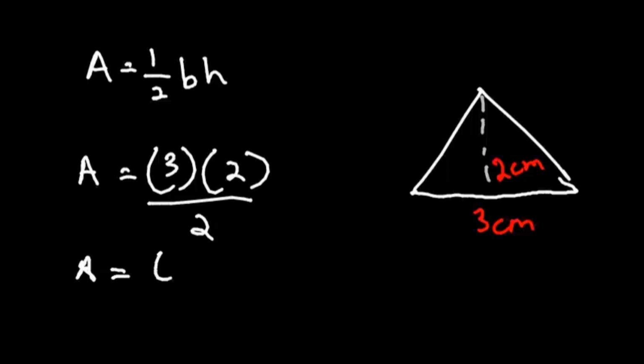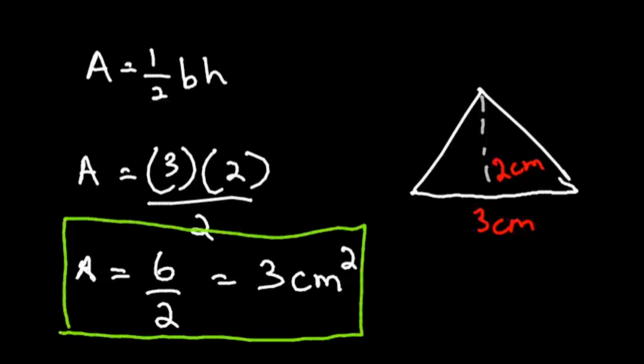So area equals 6 over 2, which is the same thing as 3 centimeters squared, obviously. So that is our answer. Don't forget to put the centimeters squared.